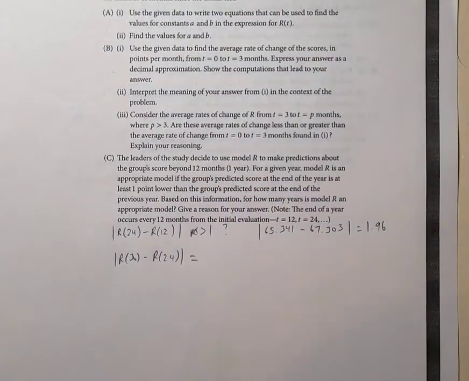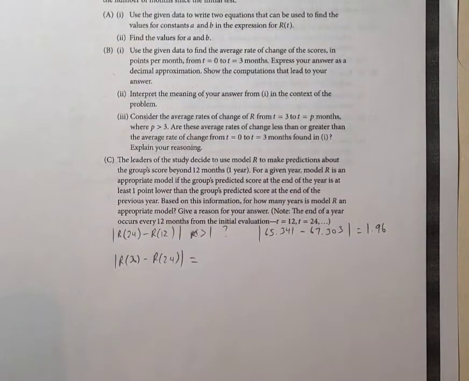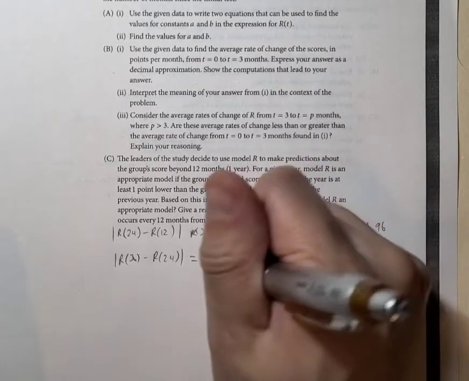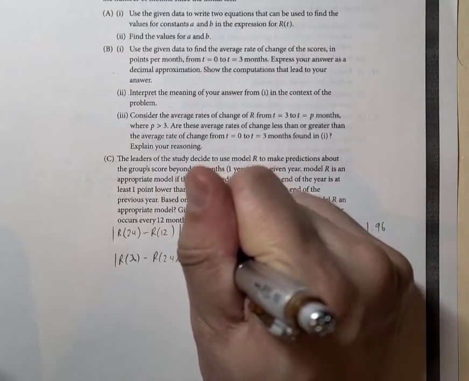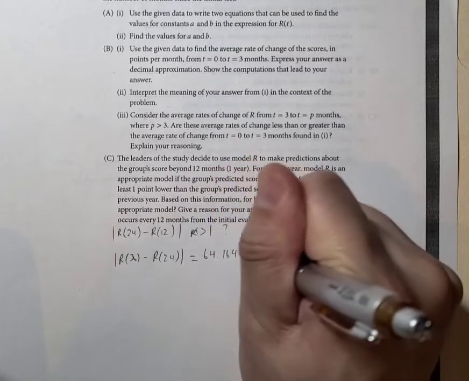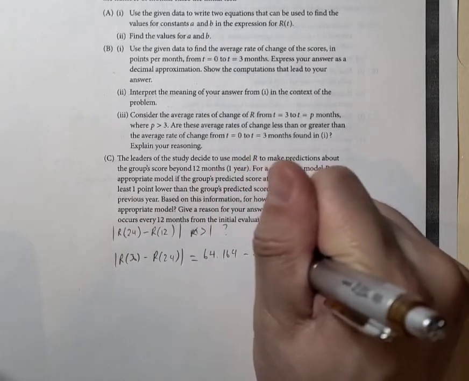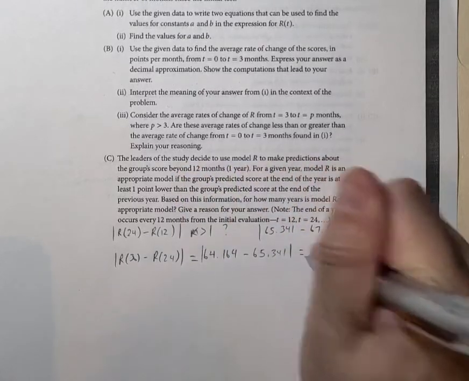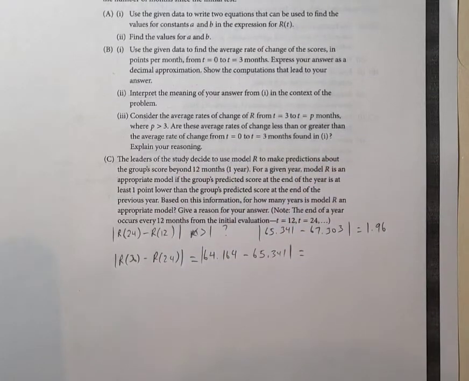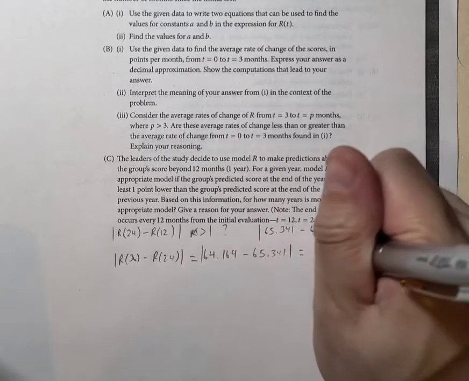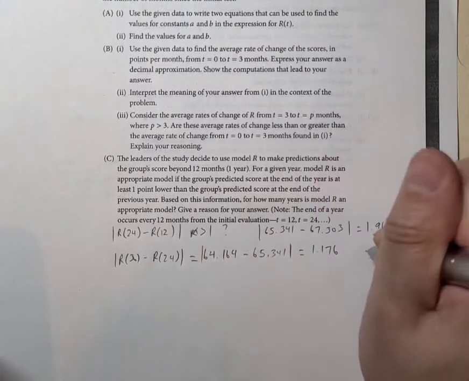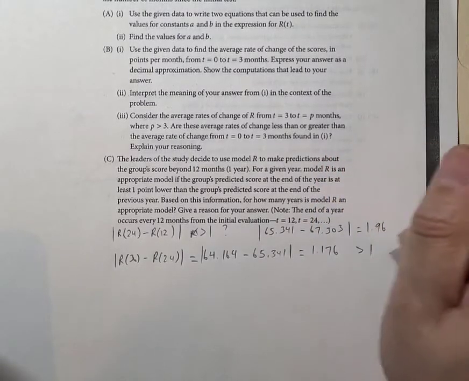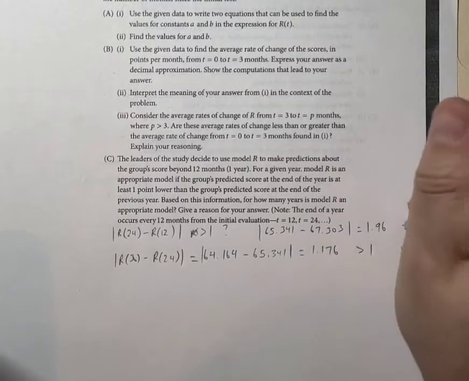Okay, what's that equal to? Plugging into my calculator, this is 64.164 minus 65.341. Okay. This is 1.176, right? Which is greater than 1, so this is good still.